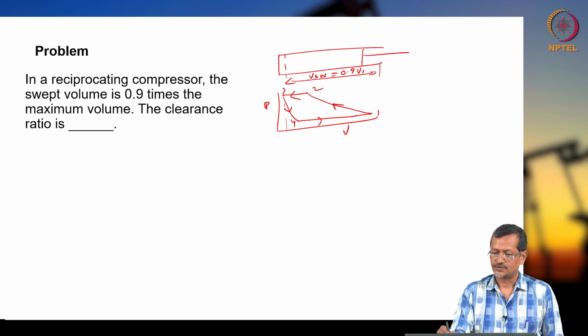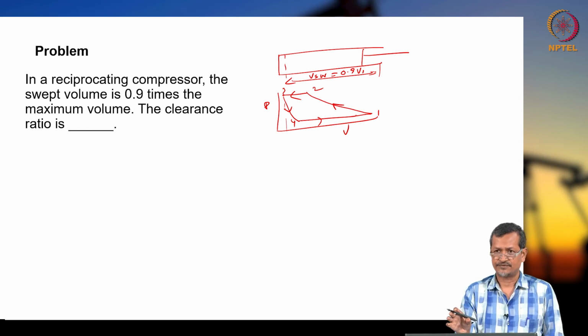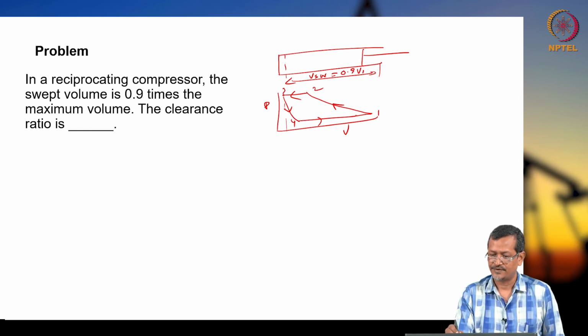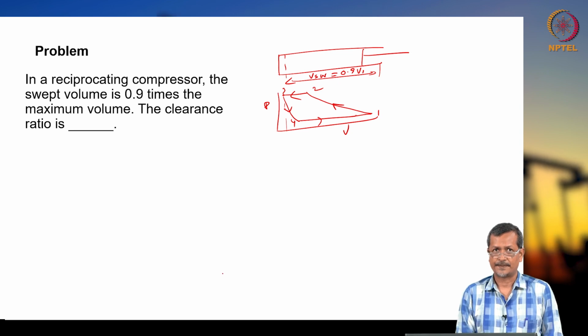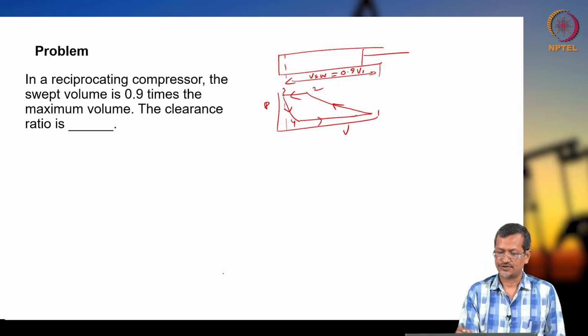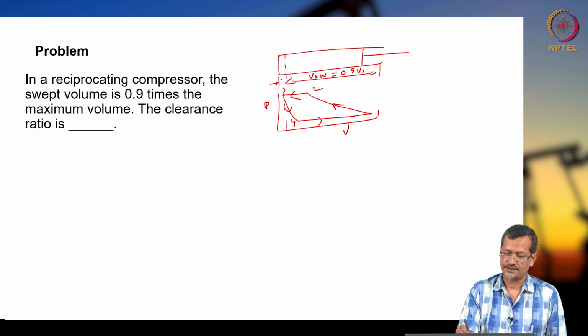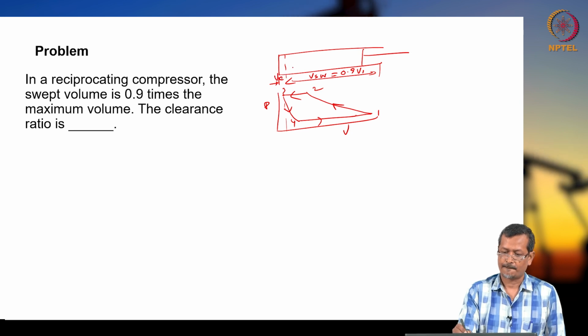V1 is the maximum volume. So the swept volume VSW equals 0.9 V1. Now, what is the clearance ratio? This gap is VC.